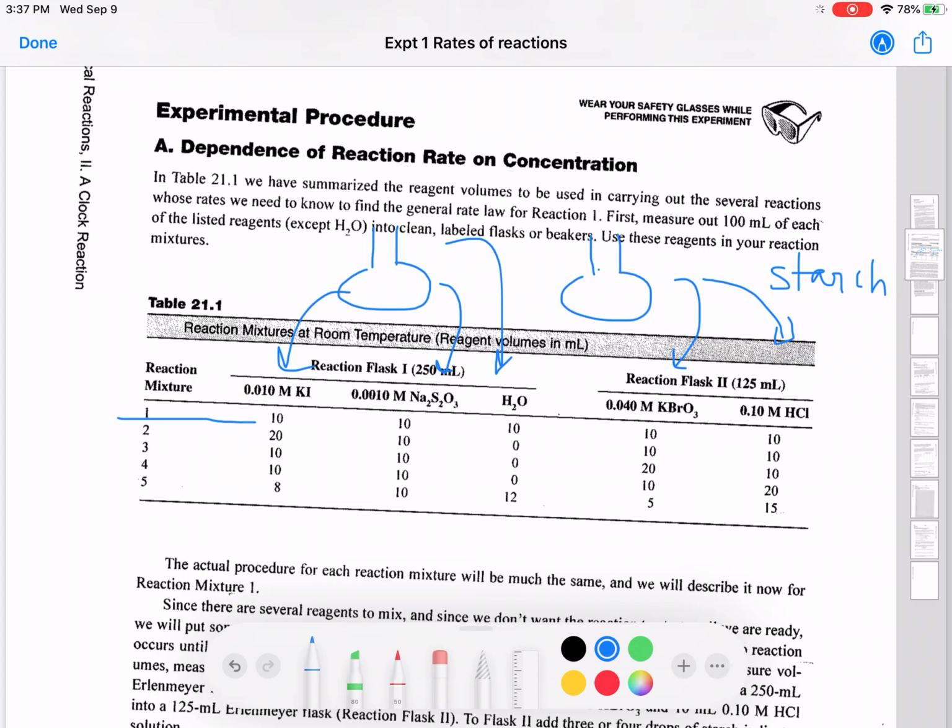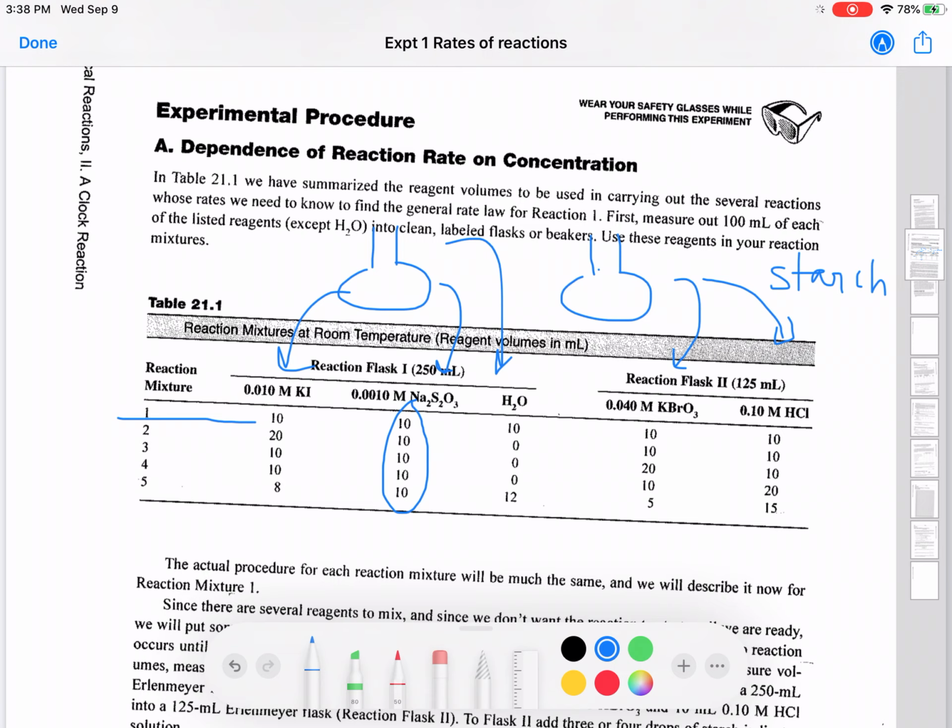You can also see that we are changing the reagent amounts. For the first reaction mixture we have 10 milliliters KI, for the second one we have 20, and for the third and the fourth we're going to be using 10 and 10. Sodium thiosulfate we're going to keep constant, because it is not involved in finding the reaction order. We use sodium thiosulfate to introduce a clock to our reaction.